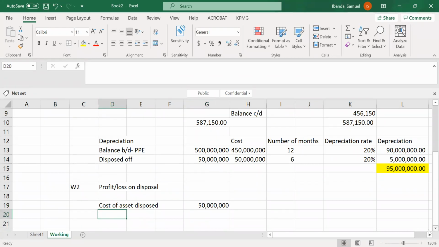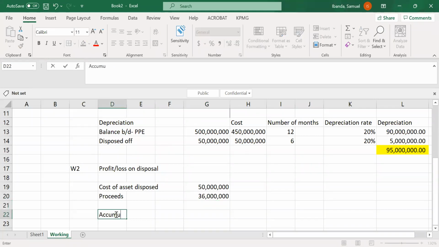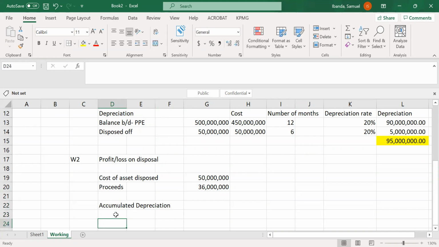Now, they have not given me the accumulated depreciation, but I'm going to calculate it. So let me first write this. The proceeds from this asset are actually 36 million. So I'm going to calculate my accumulated depreciation for this asset so that I can determine the profit or loss on disposal.